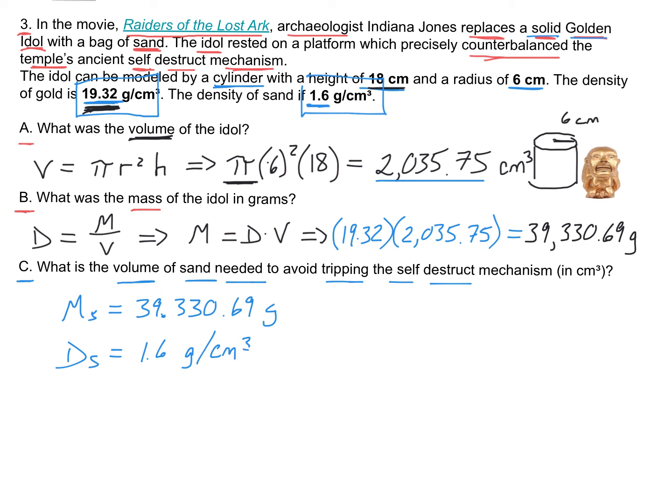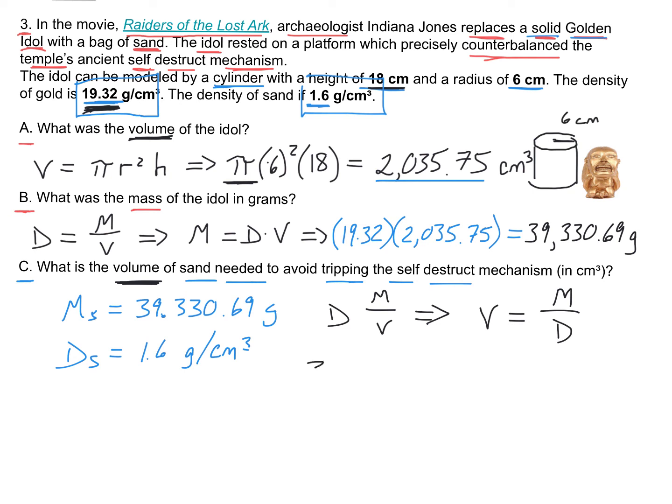So once again, I'm going to rely on my formula for density, which is mass divided by volume. And in this case, I need to rearrange it so that I'm solving for volume. And what we found earlier is that volume is equal to mass divided by density. So let's plug in our information.